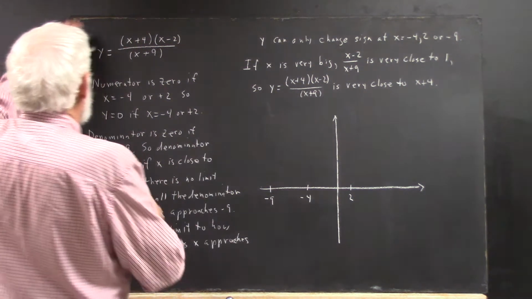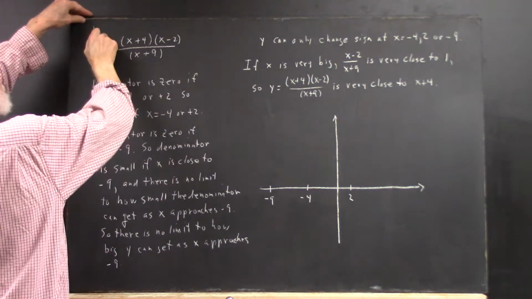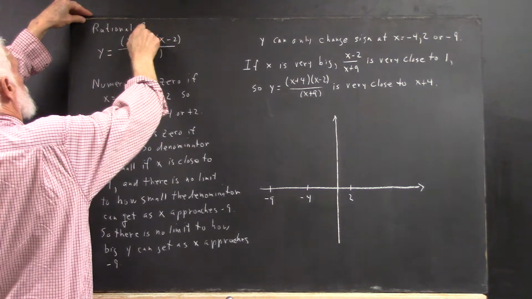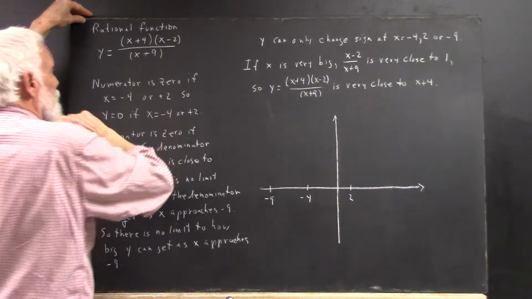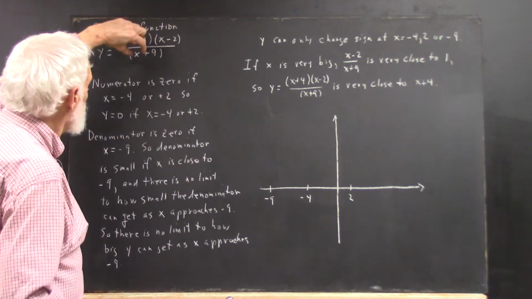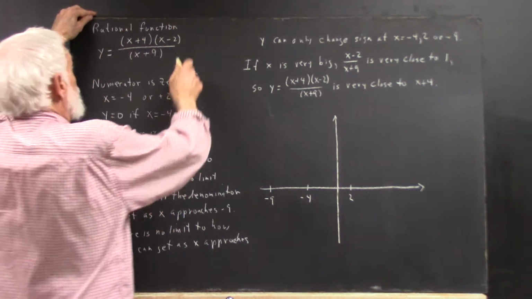Okay. This is a rational function that we're going to look at. And the rational function consists of a linear term in the numerator, a linear term in the denominator.